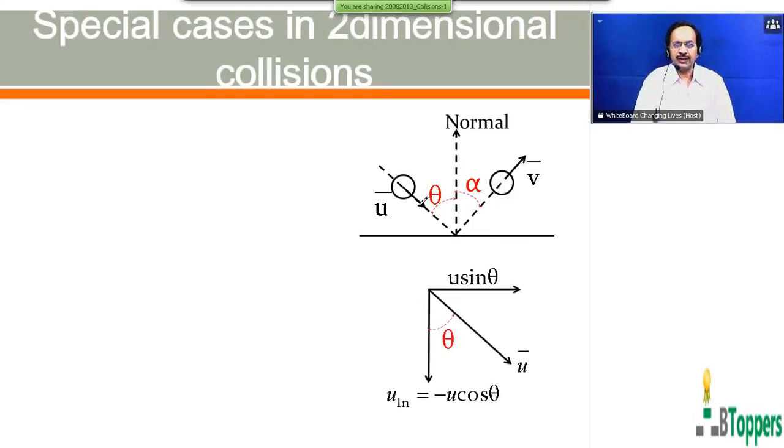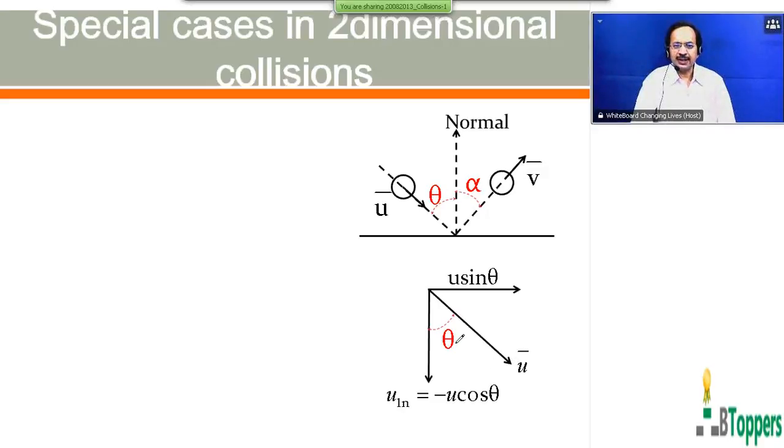We can resolve the initial velocity u bar into rectangular components in the direction tangential to the smooth plane with which it collides and in the direction normal to the smooth plane.